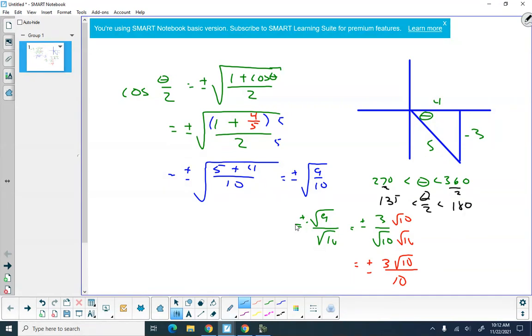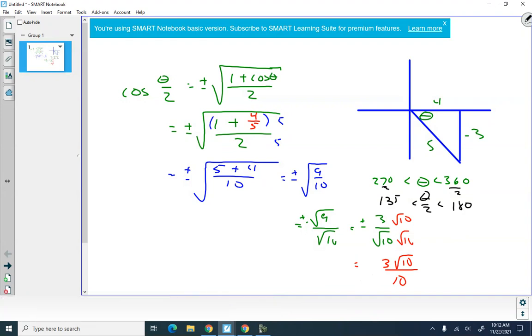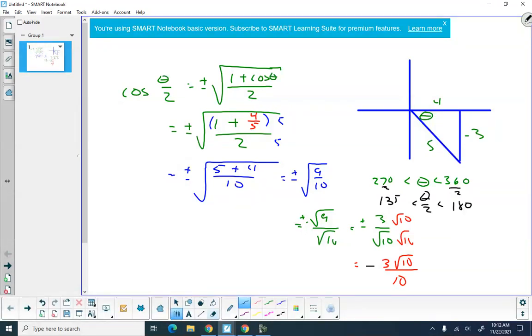Once again, utilizing your calculator, you can pick any number that you want between 135 and 180 and take the cosine of that. Do you come down to a positive value or do you come down to a negative? Cosine of 150, cosine of 140, cosine of 160. Is it positive or negative? Negative. Which means my solution here will be a negative 3 square root of 10 over 10.